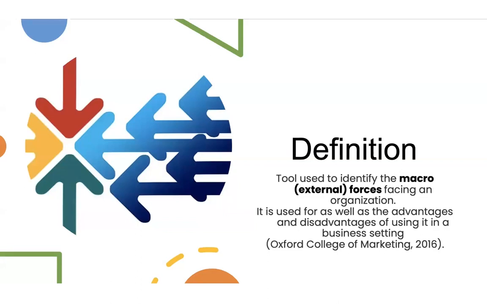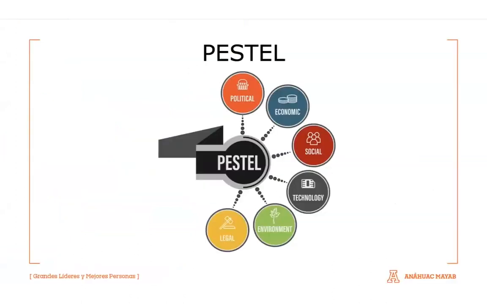Sometimes we believe that only following the norms and doing things as requested is the minimum, but there are aspects that we also need to look at, because otherwise we could be outdated in the market, okay? So the PESTLE is composed of these six elements: the political, economic, social, technology, environment, and legal.